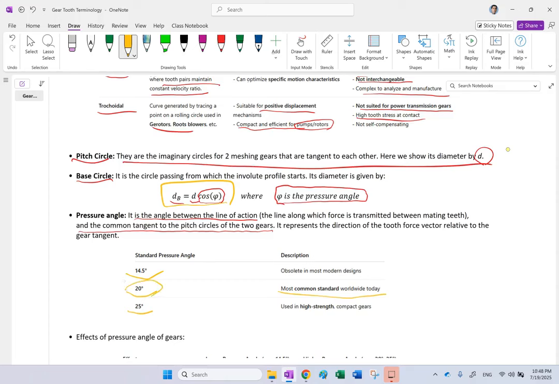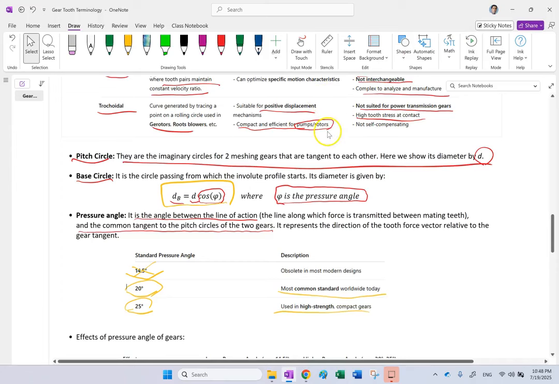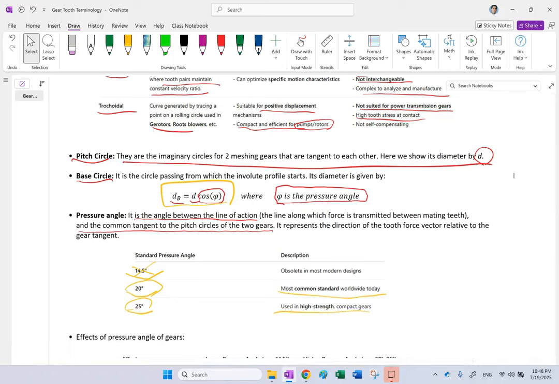In high strength, compact gears that carry a lot of load, you can use 25 degrees as well. You still see 14.5 when you go to CAD software and create a gear parametrically using the toolbox, it allows you to pick 14.5. But again, mostly it's 20 degrees. That is common.